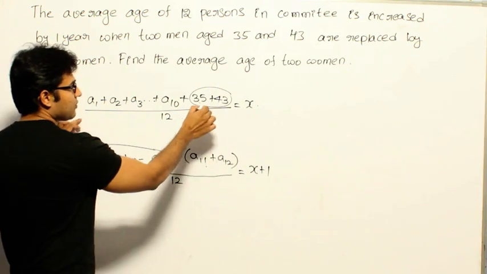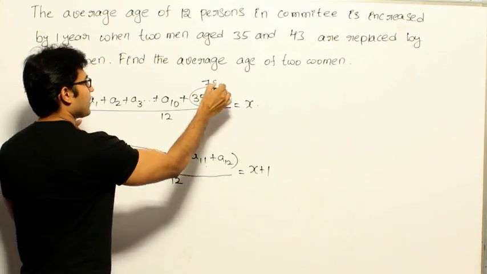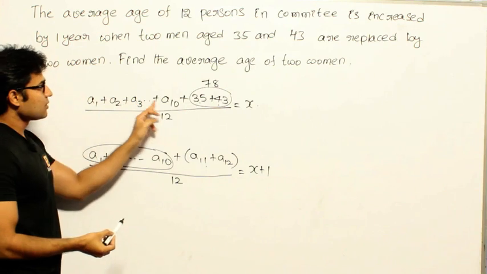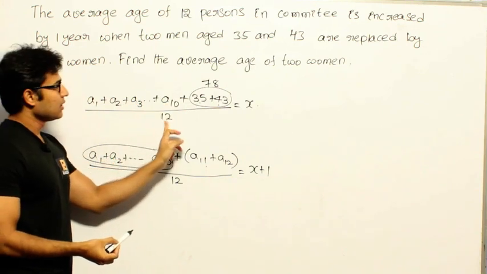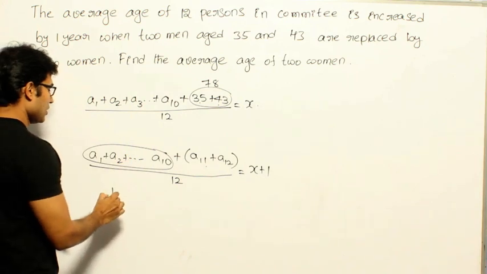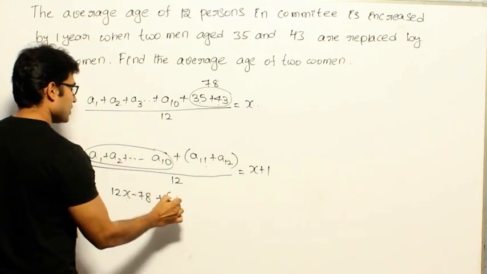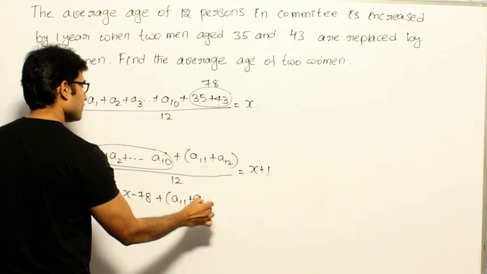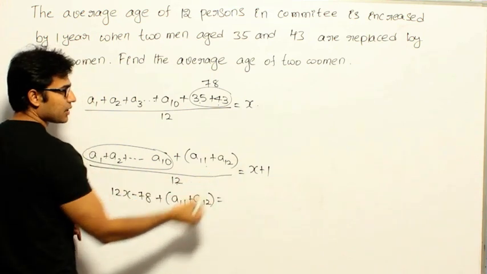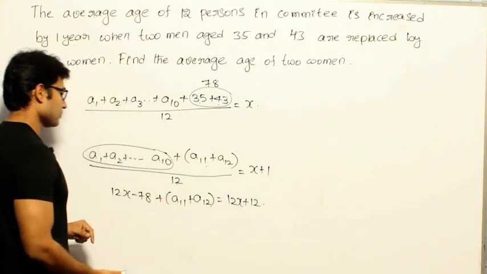Now if you observe, 35 plus 43 is 78. Therefore A1 plus A2 plus A3 and so on up to A10 can be written as 12X minus 78. So here I can write 12X minus 78 plus A11 plus A12 is equal to 12X plus 12.